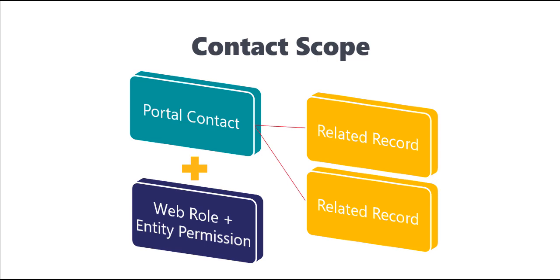So that is the example that we're looking at today. It requires only that you assign a web role with the entity permission and a scope of contact, and then that is connected to the portal contact, and then records are associated to that portal contact, and they're going to have access to those on the portal.